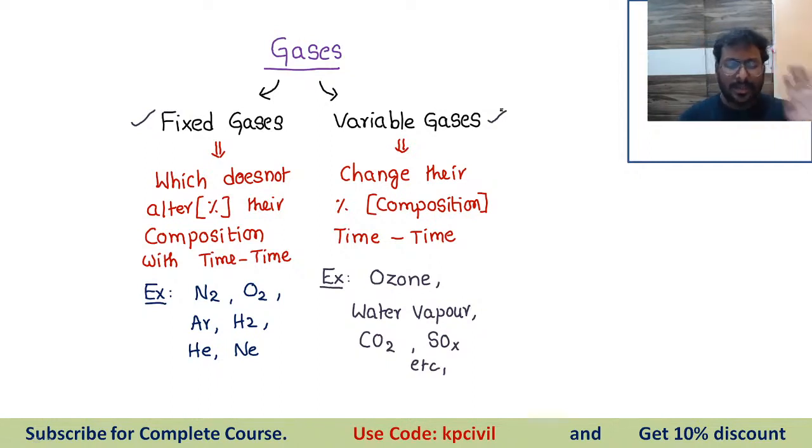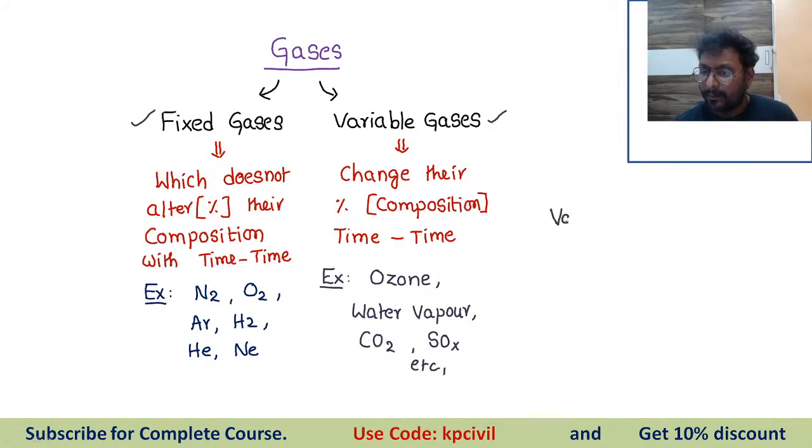Variable gases change, modify their composition, deviate, and mix with other components in the atmosphere. Then they release new molecules, contaminants, into atmospheric air. Then the atmospheric air will cause adverse effects. That is studied under air pollution.